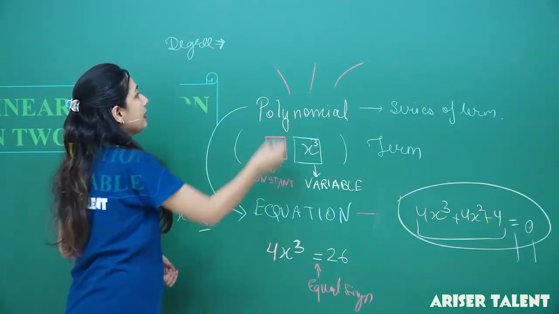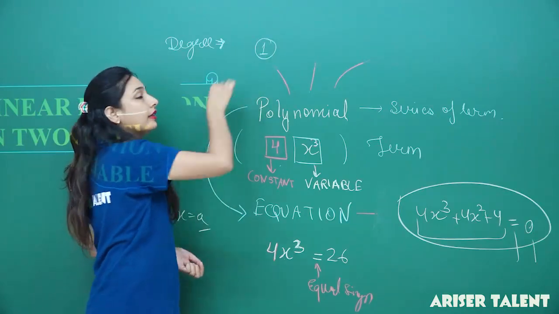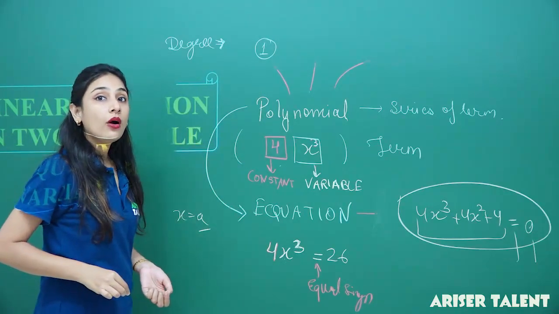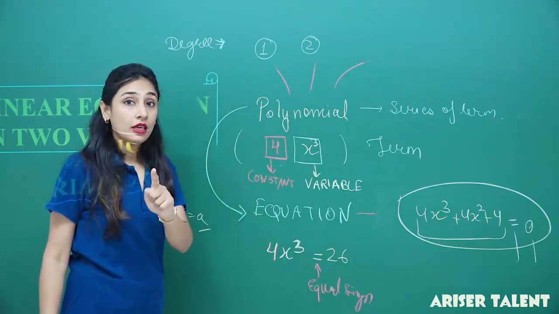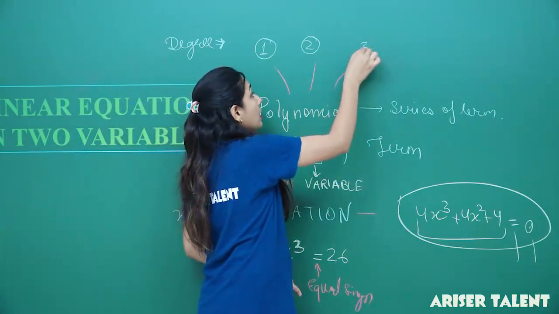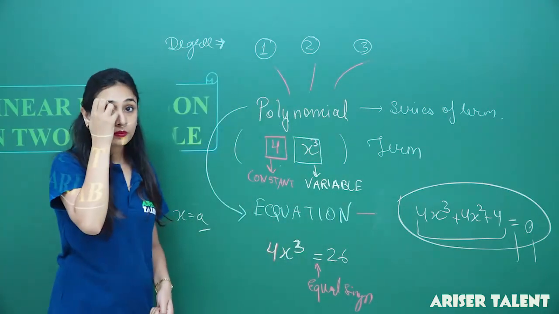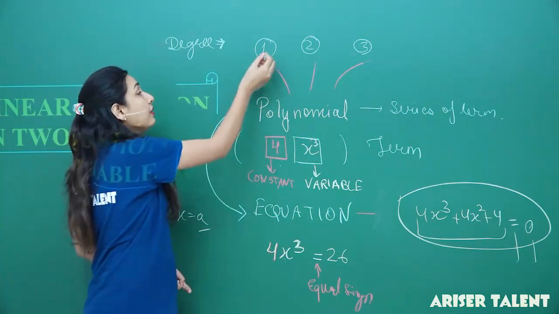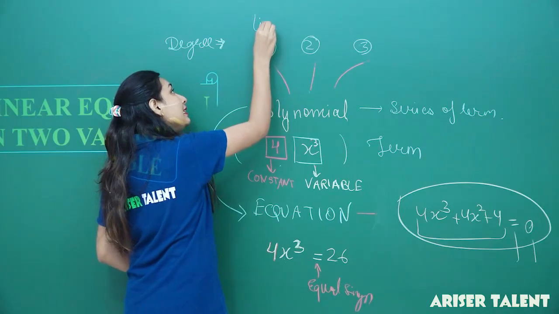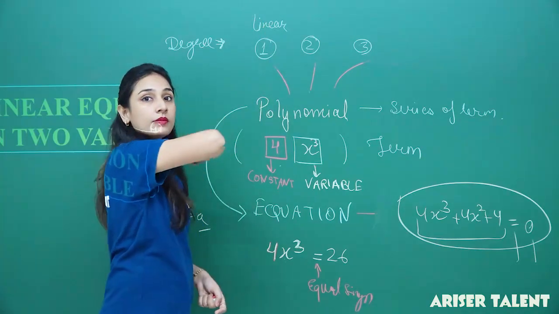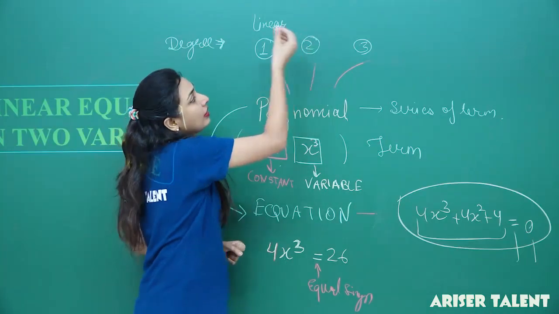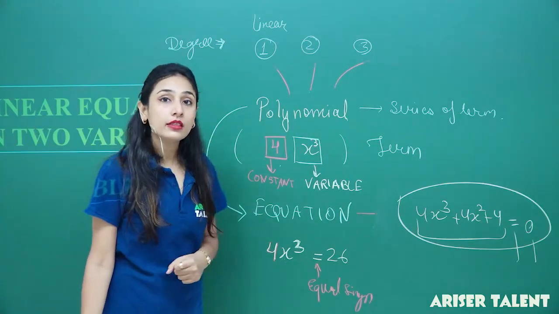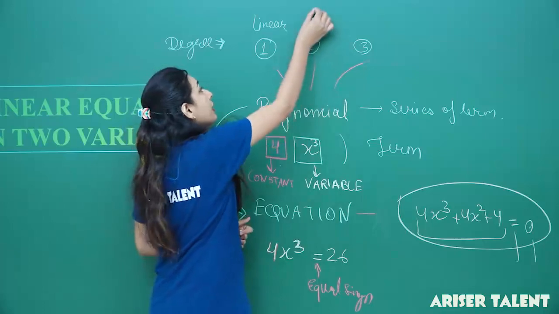If it's having highest degree equal to 1, or highest degree equal to 2, or highest degree equal to 3, what will it become? If it's 1, that will become a linear polynomial, right, and if I'm having 2 as the highest degree of the polynomial, it will become a quadratic polynomial.